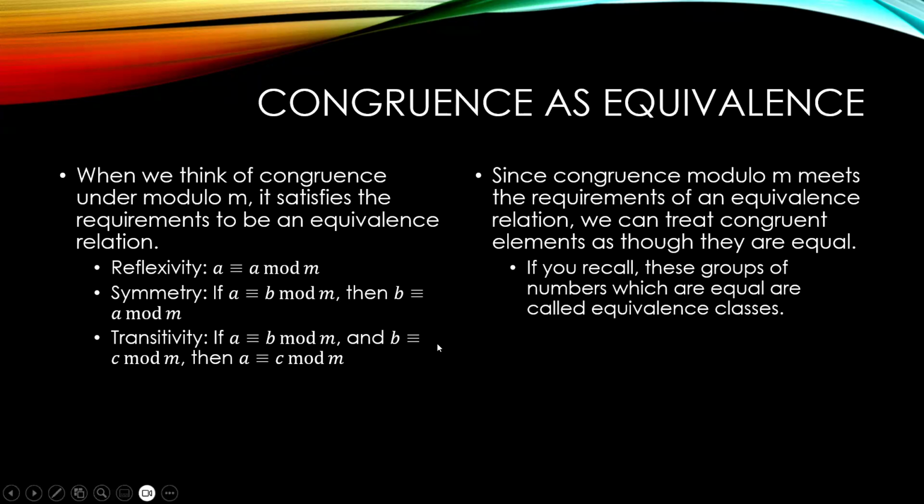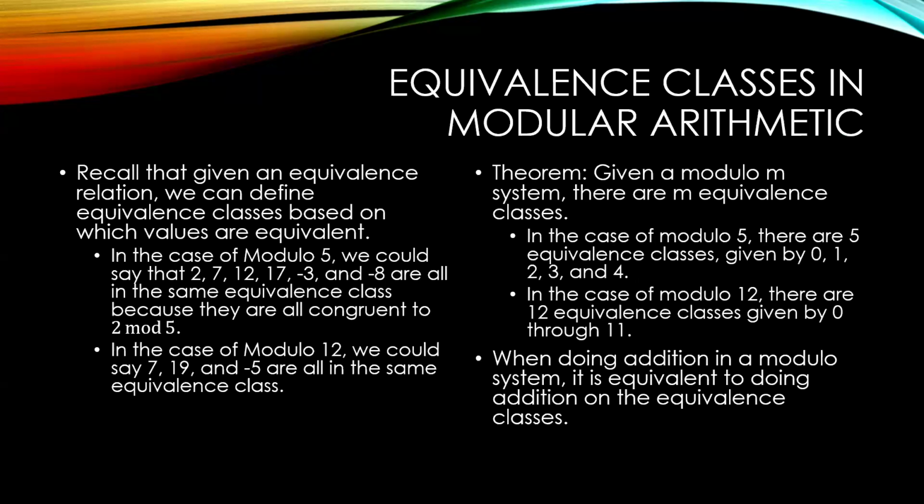This gives us equivalence classes. And so if you recall, we have equivalence classes saying when values are equal to one another. And the equivalence classes in modulo arithmetic give us a way of basically classifying numbers.